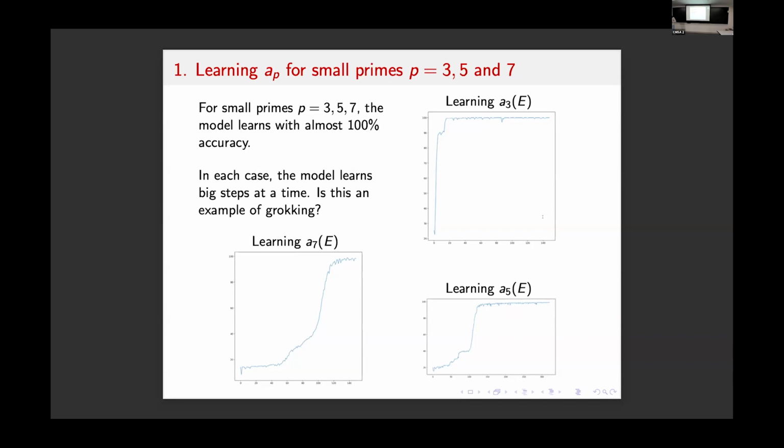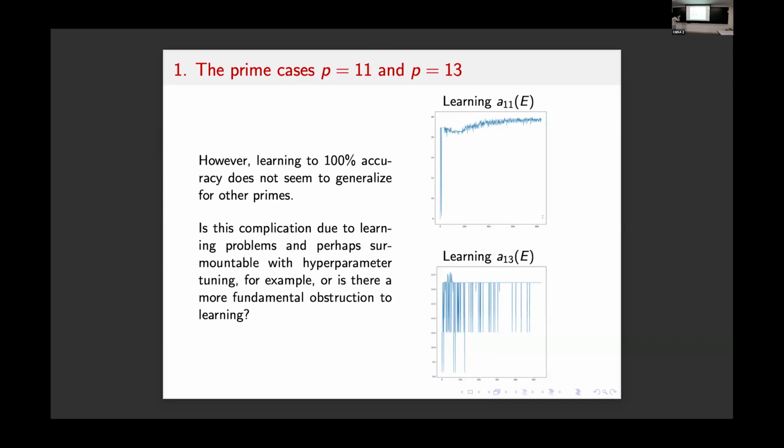So it learned pretty well for the first few primes. And then it gets stuck. Immediately once it gets to A11, it just gets stuck. For A11 and A13, it gets stuck in just choosing one of the options. Something that could get the model unstuck would be modifying the learning rate.